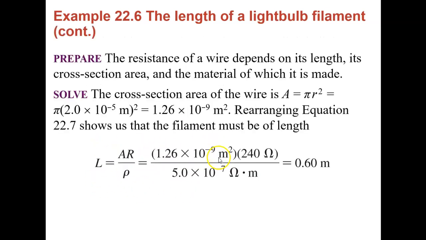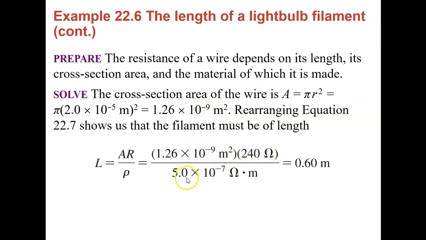All right, so we're going to use the length is equal to area times resistance divided by resistivity. Rearranging the initial equation. So we know our area, because area is pi r squared. Pi times our radius squared is 1.26 times 10 to the negative 9th meters squared. We know our resistance, got that earlier.